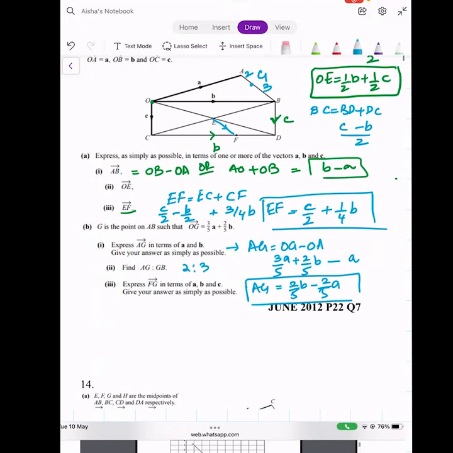Now express FG in terms of A, B, and C. So FG is going to be FC plus CO plus OA plus AG. FC is minus 3 upon 4B. CO is minus C, plus OA plus AG.